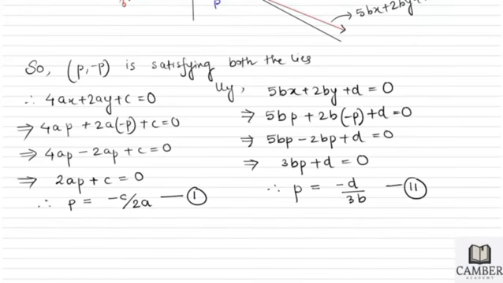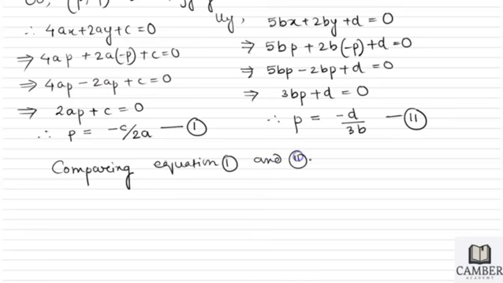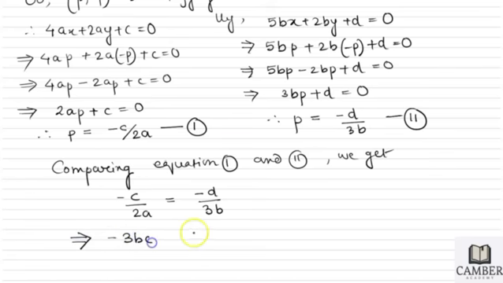So comparing equation 1 and equation 2, we get minus c by 2a is equal to minus d by 3b, isn't it? So let us cross multiply these two. If we cross multiply we get minus 3bc is equal to minus 2ad.